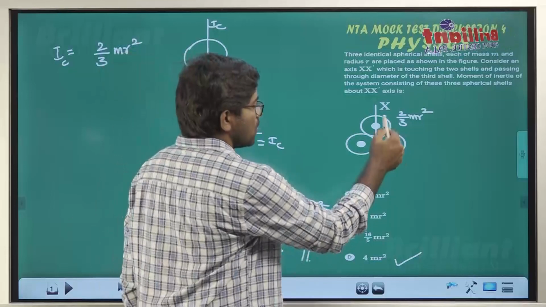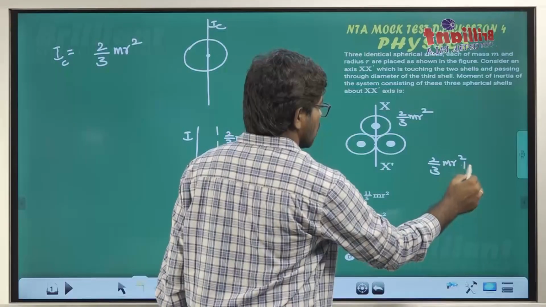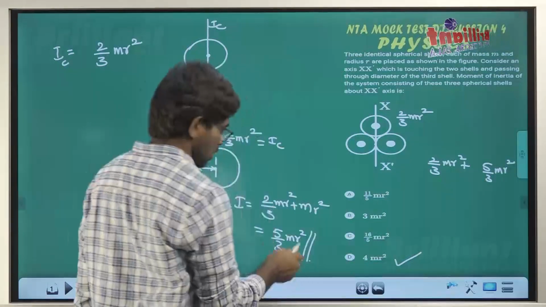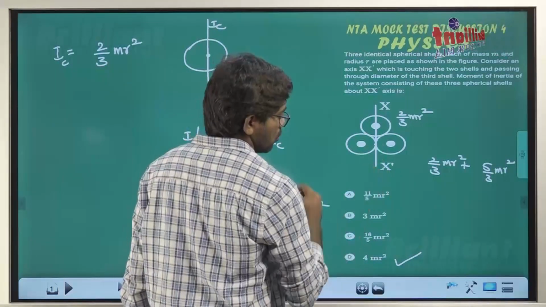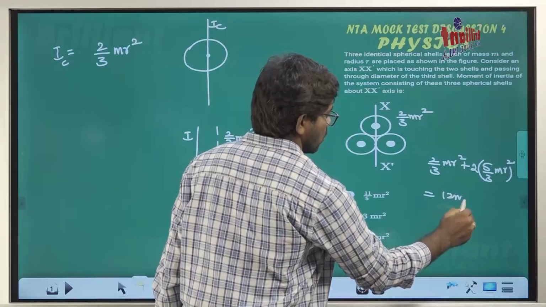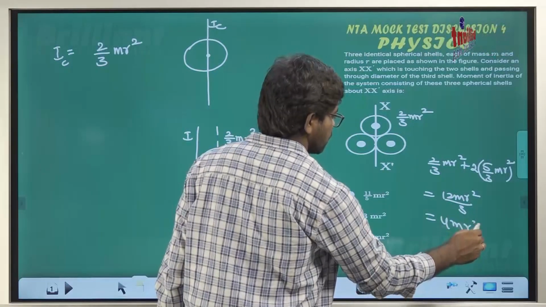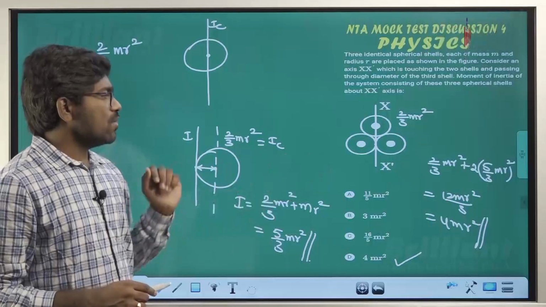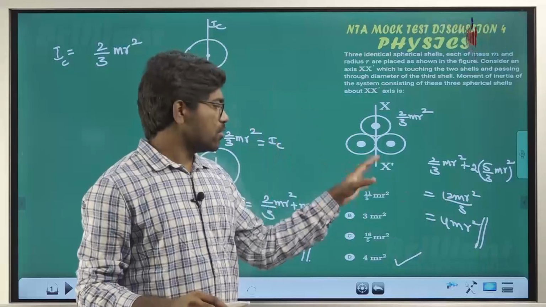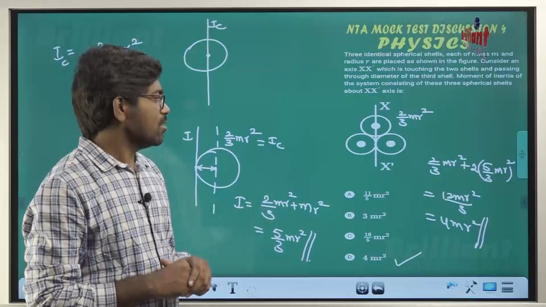The upper one is 2 by 3 mr square, and the lower one is 5 by 3 mr square. But we have two spheres, so 2 into 5 by 3, that will be total 12 mr square by 3, that's nothing but 4 mr square. You can directly solve it by looking at the question also. Just do the calculation in your mind and you can get the answer directly within 30 seconds.